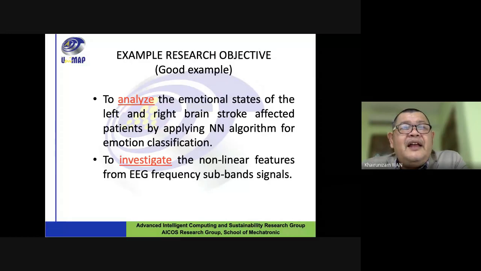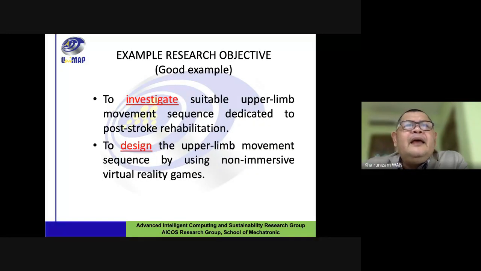So that's why I highlight the importance of the terminology or keywords that you use in the research objective. Investigate. I will not comment further on the next one because it is the same as the previous research objective. We see the last one: to design the upper limb movement sequence by using a non-immersive virtual reality game.